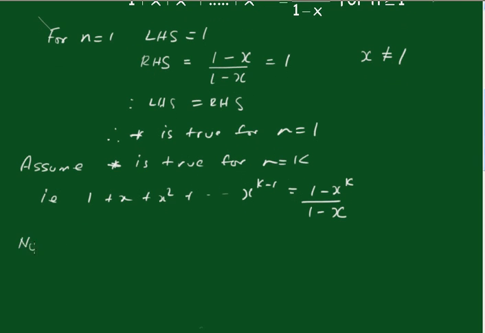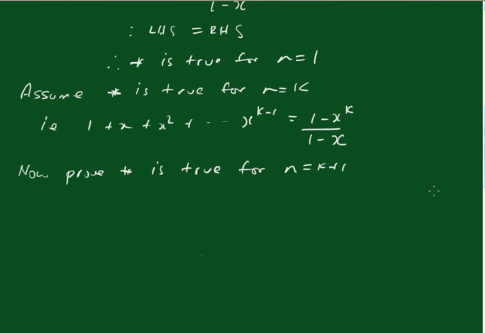Now, prove the statement is true for n equals k plus 1. That is 1 plus x plus x squared plus up to x to the k minus 1 plus x to the k is equal to 1 minus x to the k plus 1 over 1 minus x.